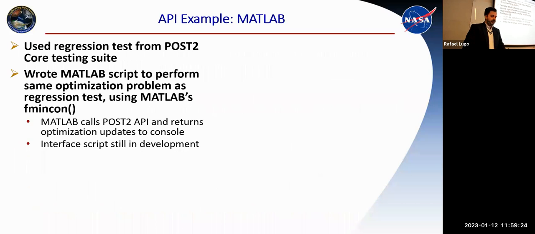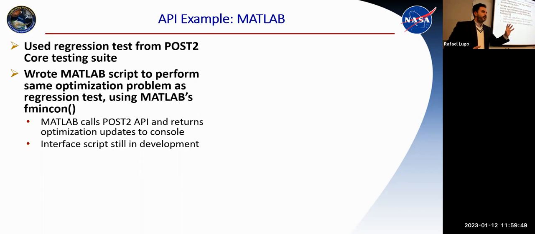So I'm going to show you an example of this that I actually really like, because I think this is really cool. We took one of our regression tests that we run all the time with our POST2 test suite. We wrote a MATLAB script that performs the same optimization problem as that regression test. There's a regression test with an input deck that describes the vehicle, the dynamics, what you want it to do, different events.